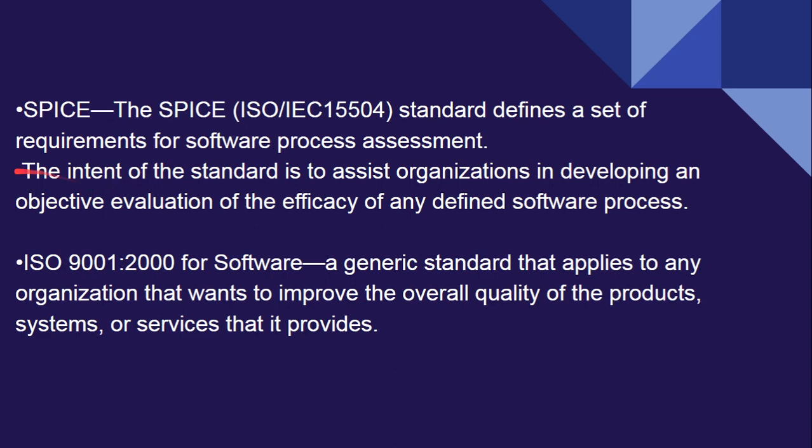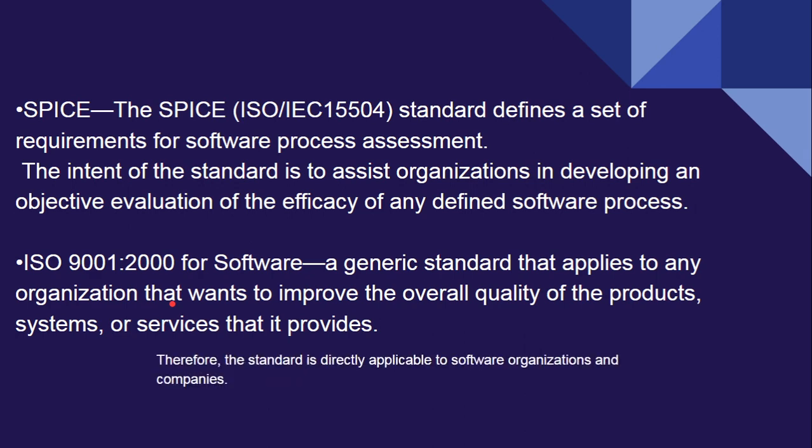And another assessment standard is ISO 9001:2000 for software, a generic standard that applies to any organization that wants to improve the overall quality of the products, systems or services that it provides. So this ISO standard everyone is aware of. It gives some standards that any organization can follow to improve the quality of its products, whether it be a system or services.